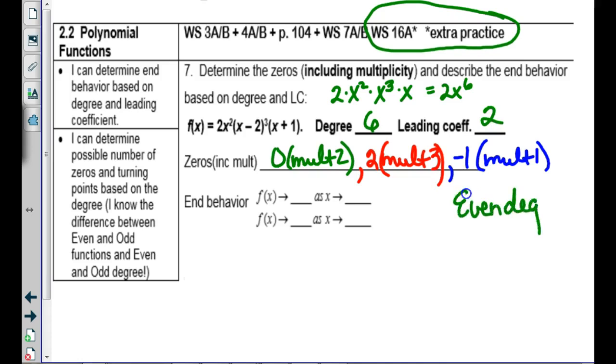Even degree means both ends go in the same way. What's happening when we have a positive leading coefficient? Both ends are up, okay? I don't know what's happening in the middle, but both ends are up. So I say the y is going up on both the left and the right.